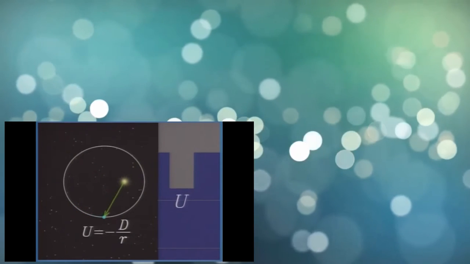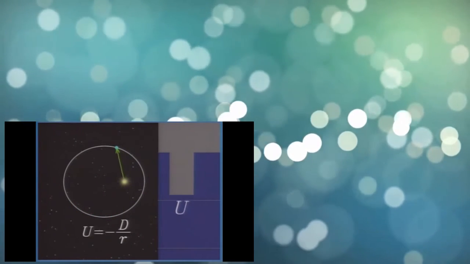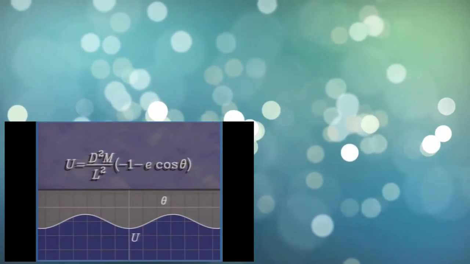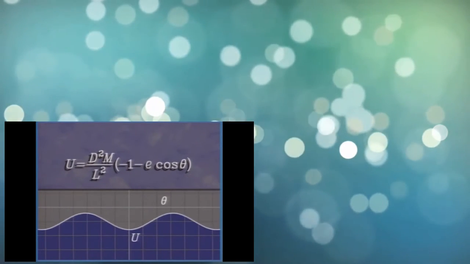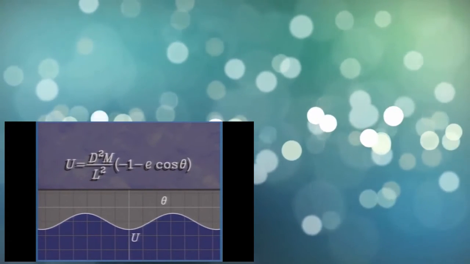First, calculate the potential energy. The potential energy follows a cosine curve.